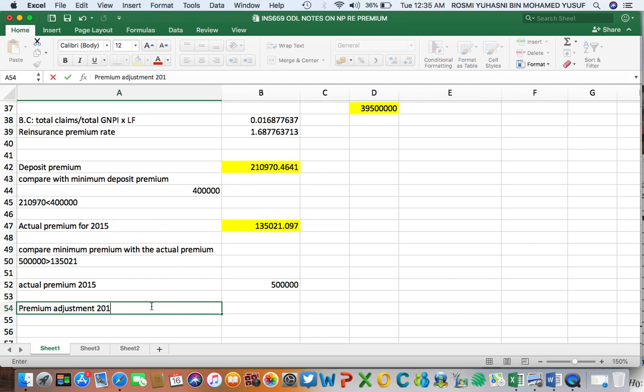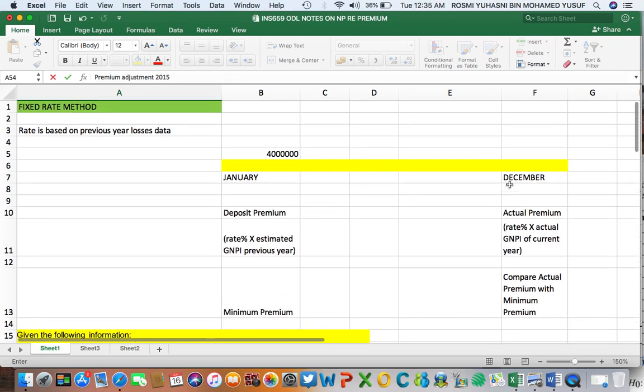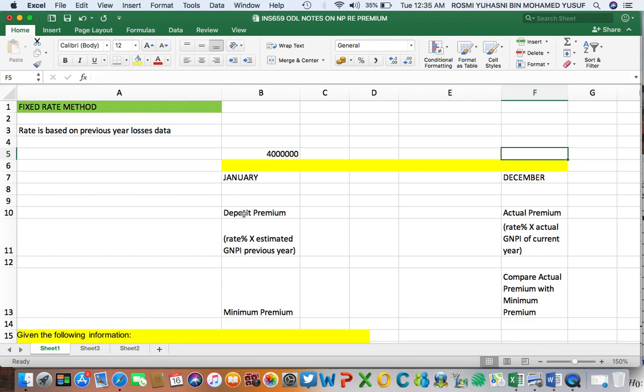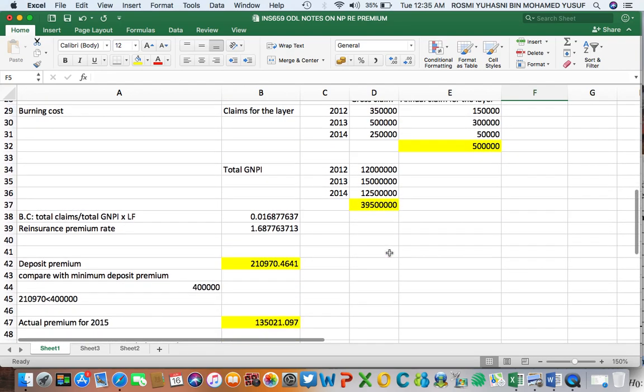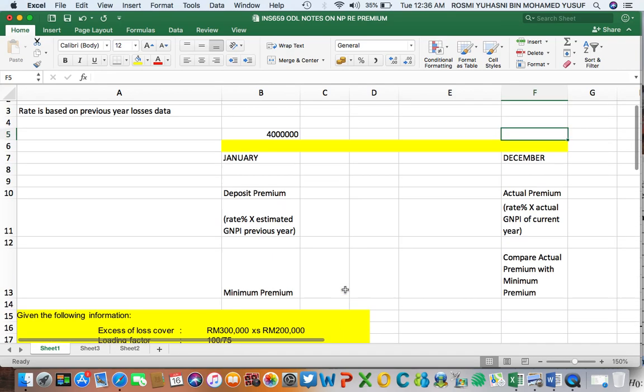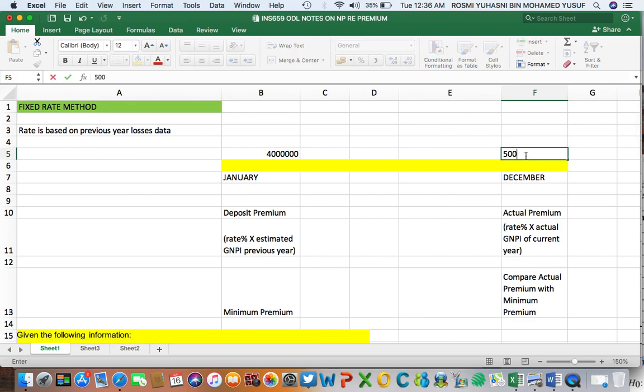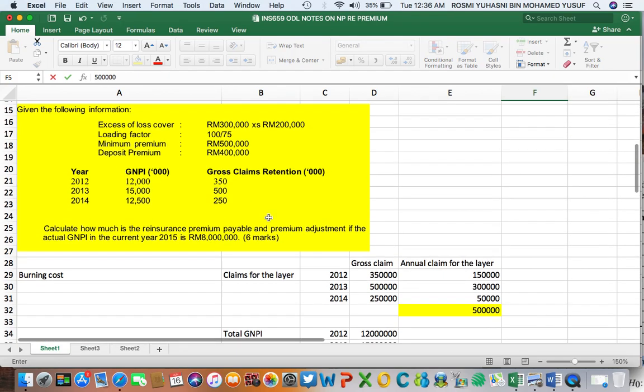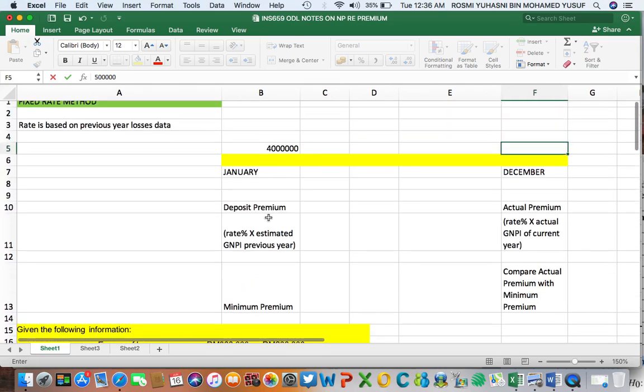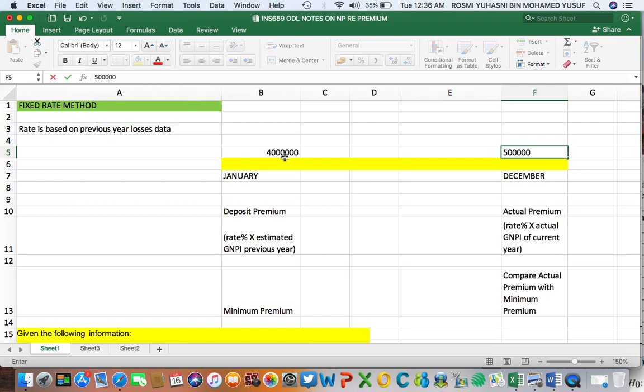So our last step is to do premium adjustment. Premium adjustment is done at the end of the year. Why does the premium need to be adjusted? Because at the beginning of the year, the insurer has already placed a deposit premium of 400,000. And at the end of the year, they actually pay an actual premium of 500,000.